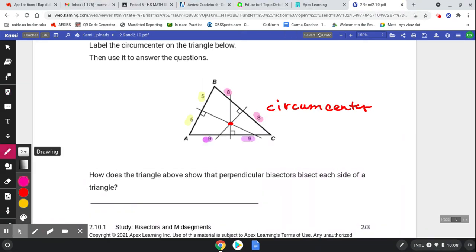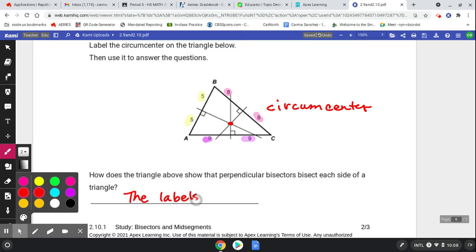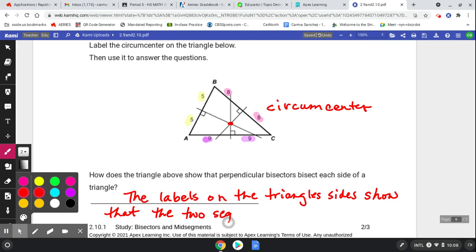So the labels on the triangle sides show that the two segments formed by a perpendicular bisector have the same length.